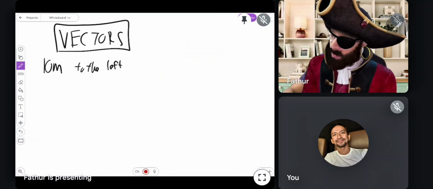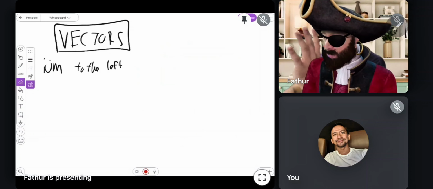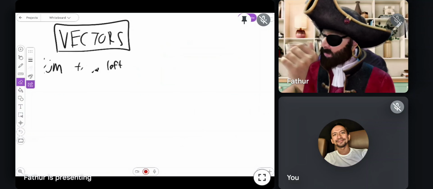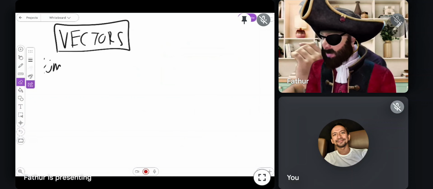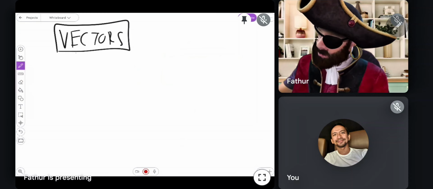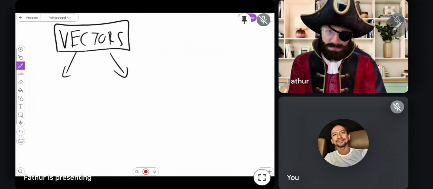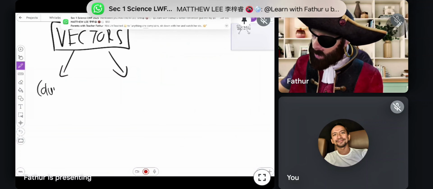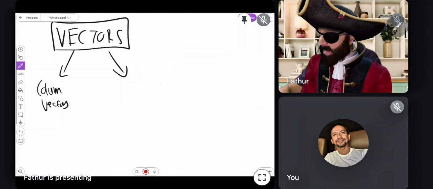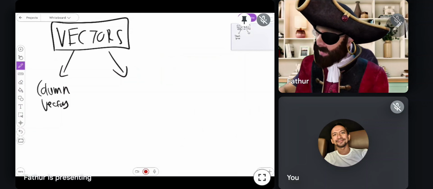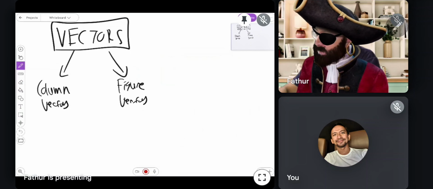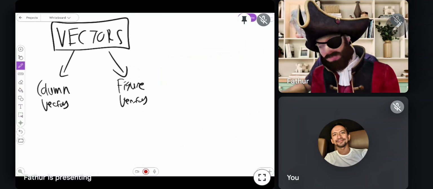When it comes to math, we are talking about E-math here. We don't really have to learn that definition first. That is only for physics. What you need to know is that there are two types of vectors. One is called column vectors, and the next one is called figure vectors.